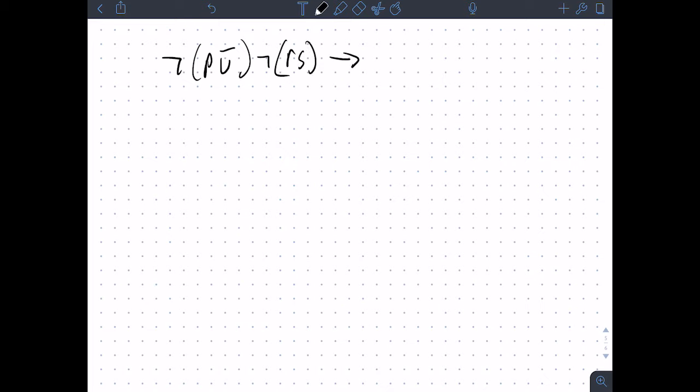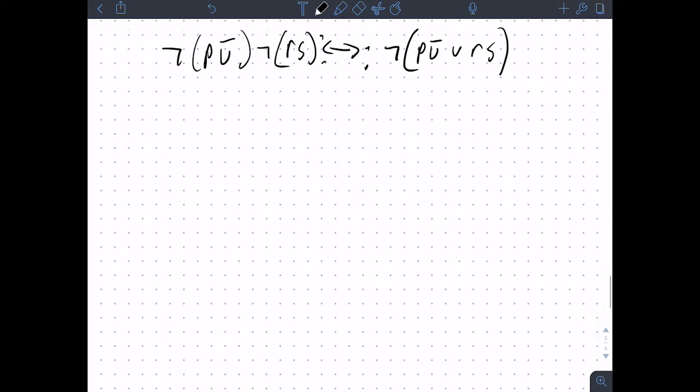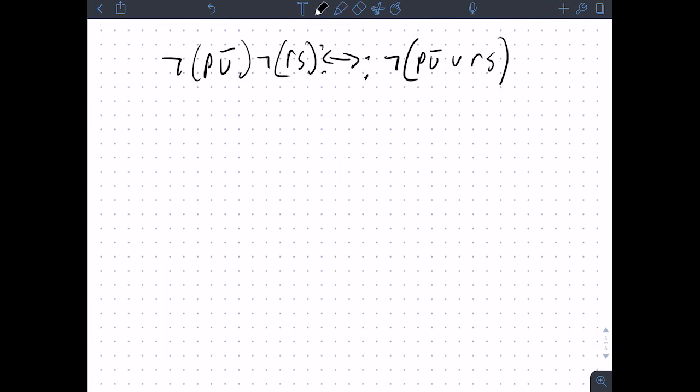So this is equivalent to, and this is an application of the law, it works in both directions. All of these equivalency rules work in both directions. Not P and not U, or R and S. Right. So again, we have a conjunction of two negated things, and that lets us move to something like this. Okay.